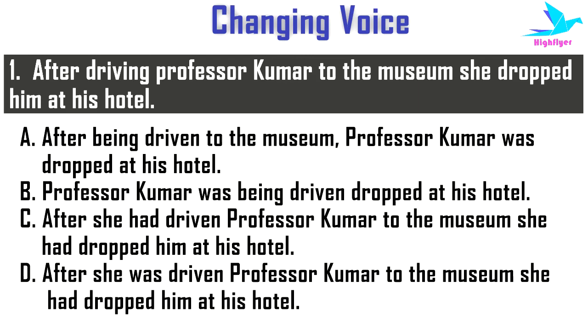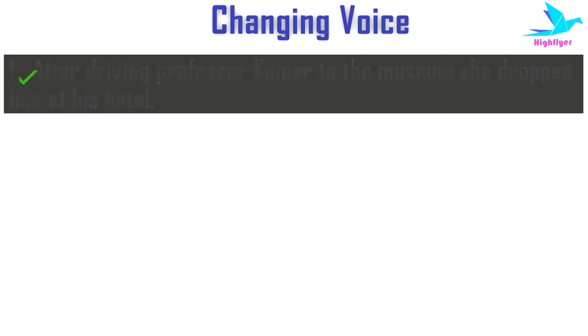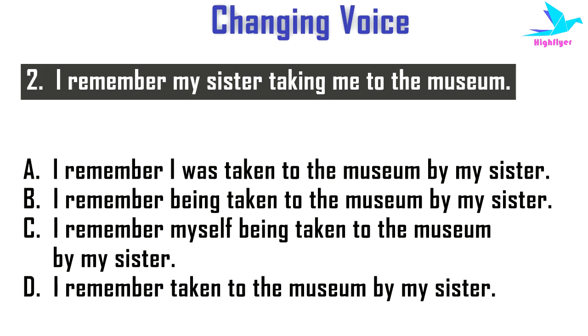Option D, "After she was driven Professor Kumar to the museum, she had dropped him at his hotel." Now here the right option is option A, which says "After being driven to the museum, Professor Kumar was dropped at his hotel."